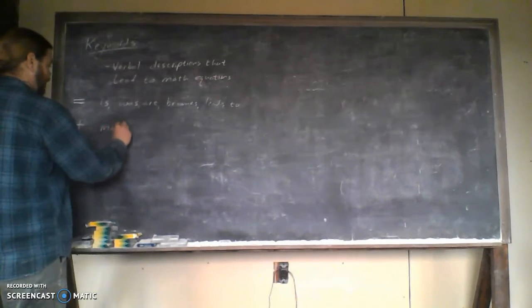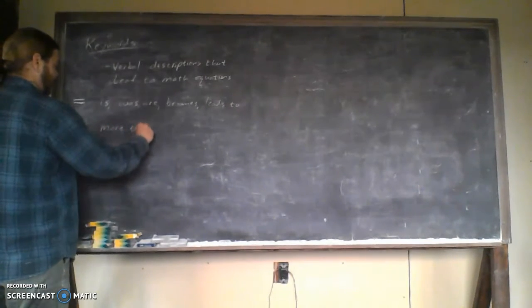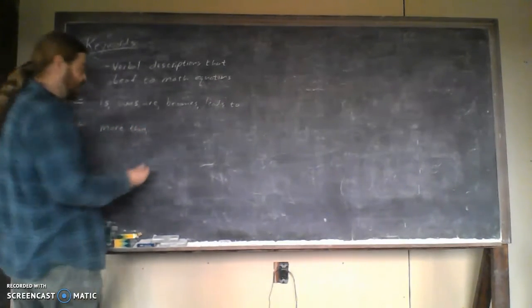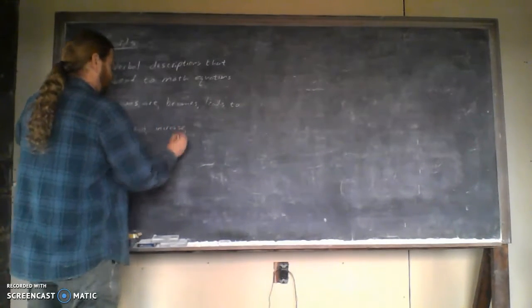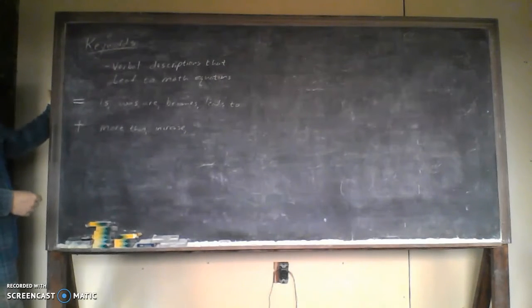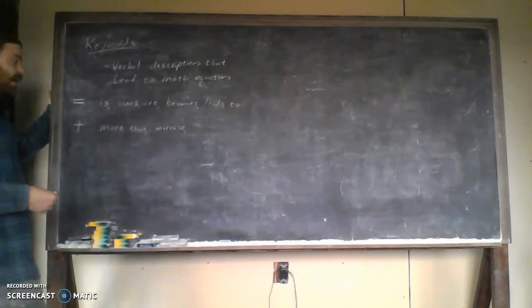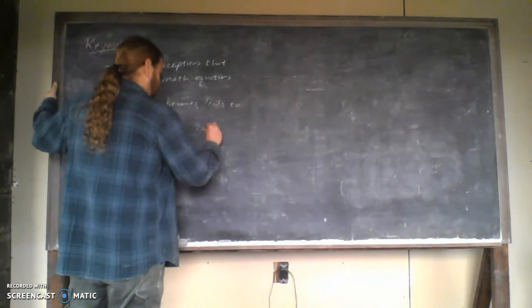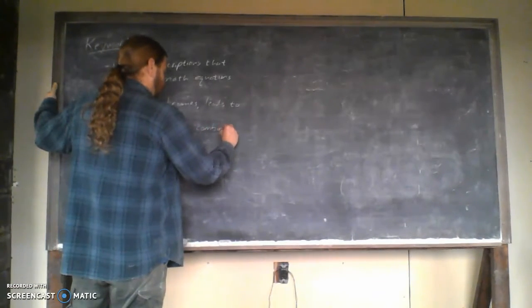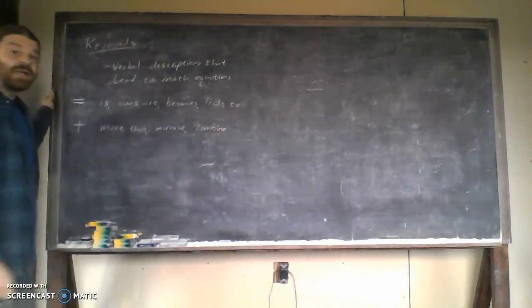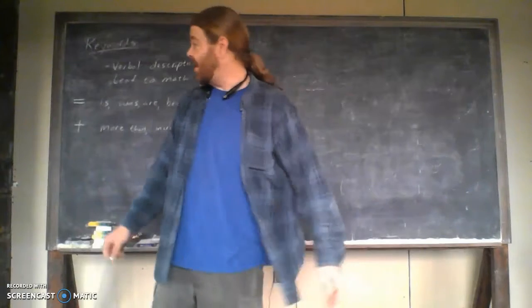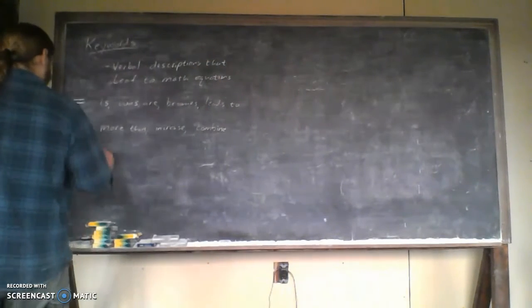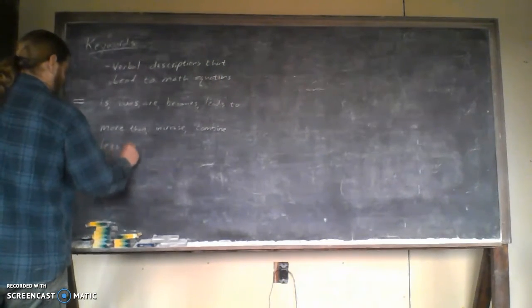Addition, we might see more than. Just anything that means increase, right? More than, increase, combines. Basically, any word that means some sort of increase. When we see those, that means we're going to add. Subtraction, kind of the opposite.